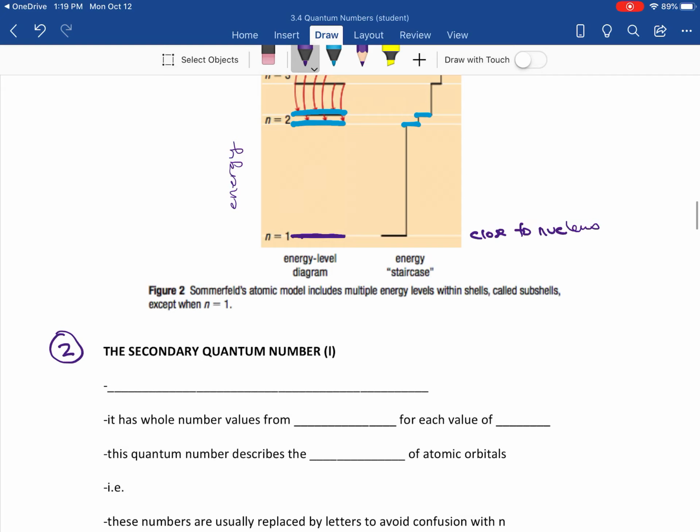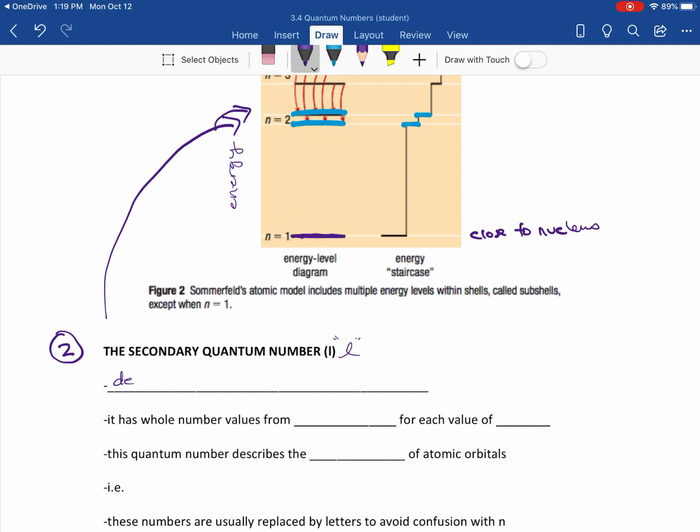Okay, that explains all these different, like these 2 lines here, the subshells. Okay, so the secondary quantum number, and just for clarification purposes, it's represented by a lowercase l. Okay, so that's what it looks like there, but it's a lowercase l. So that's the variable, or the symbol.